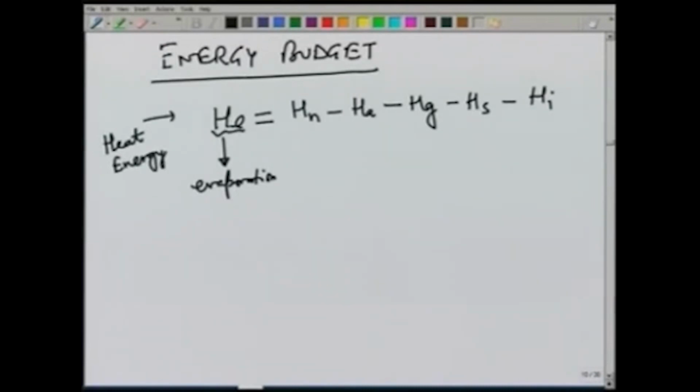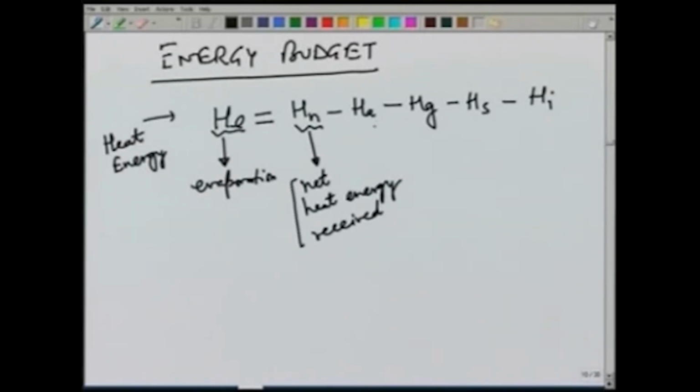He represents the heat energy used in evaporation. Hn is the net heat energy which is received by the water body or the lake.